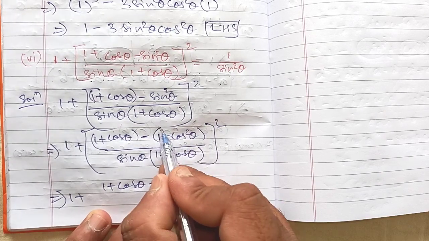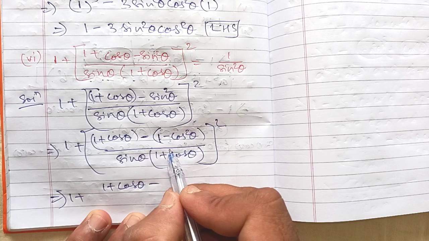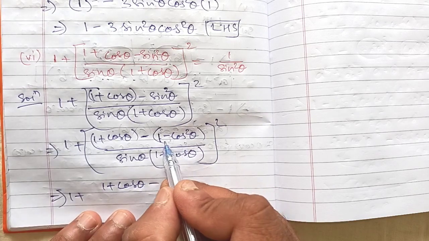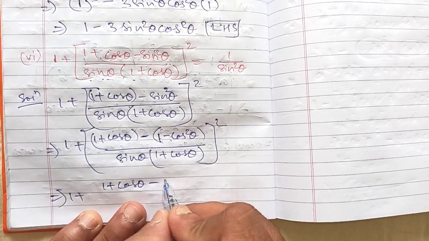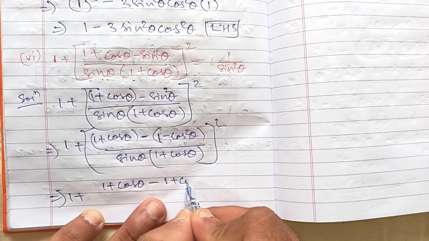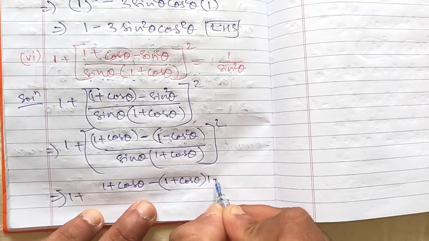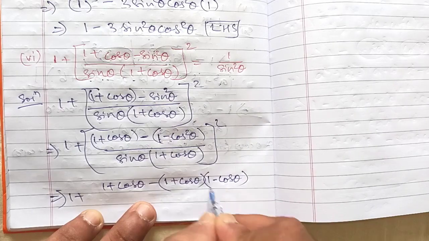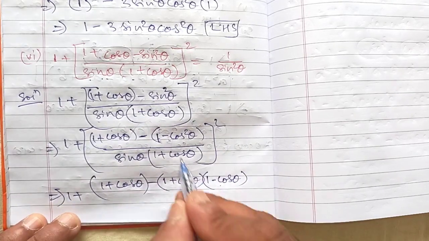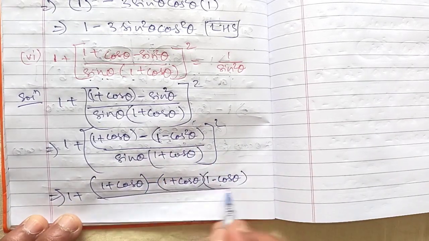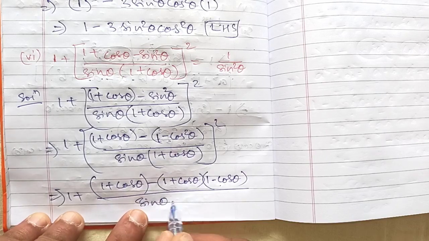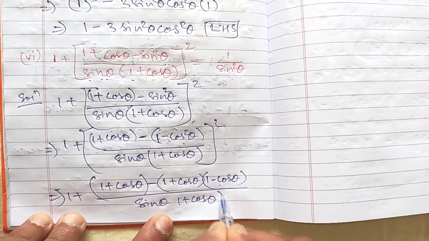There is no square, but you think that we can write square for 1. Okay. Because the value is same. A square minus b square formula. What is a square minus b square formula? A plus b, a minus b. Okay. This is for 1 minus cos square theta, whole divided by sin theta 1 plus cos theta.